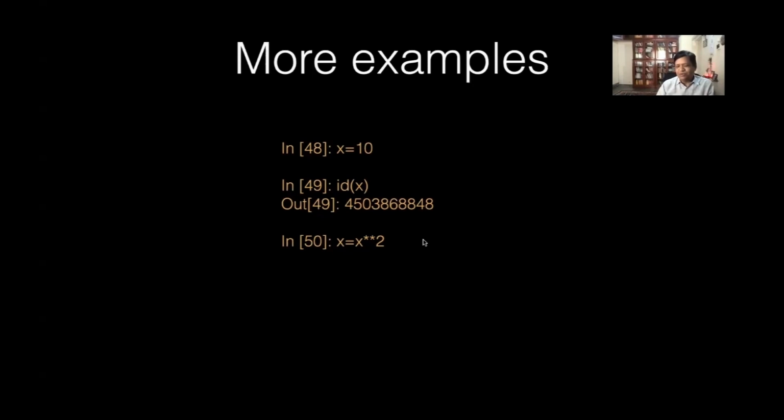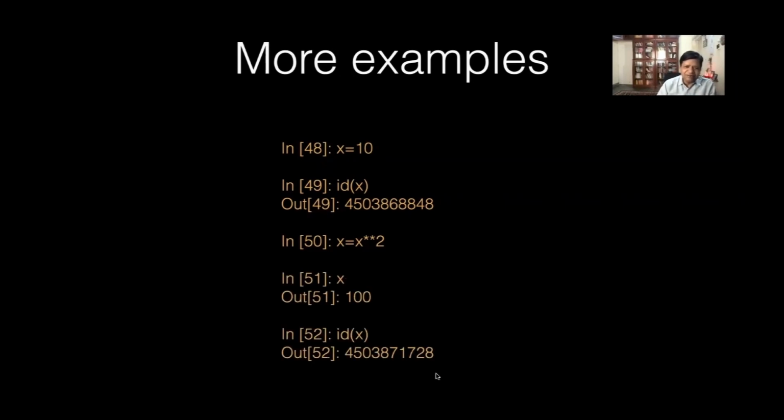I mean, I store x squared in the same location, but it's not the case in Python. So x squared is a new object. 100 is a new object. So now 100 has been created, and x will point to that object 100. So this is a new object 100, and its ID is a new ID. So 728 is different from this ID. So objects are primary, and when I say variable x, it is basically a label to that object.